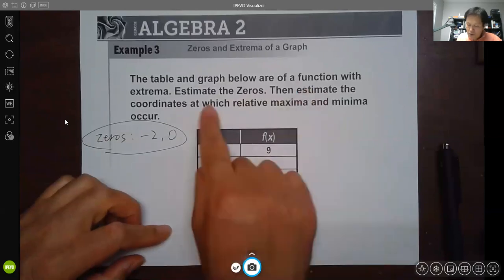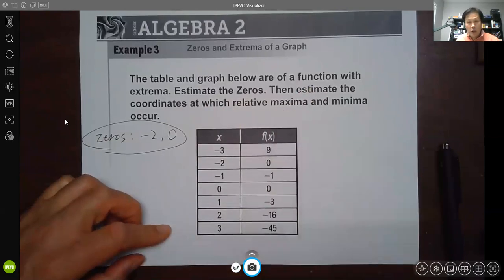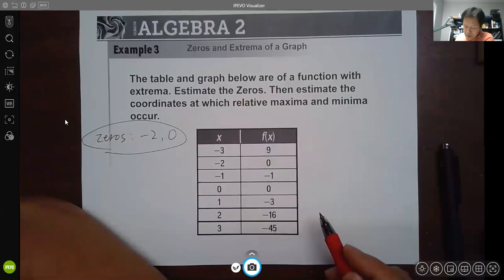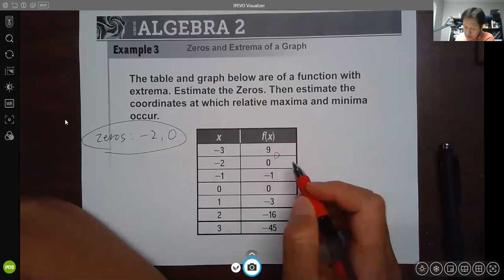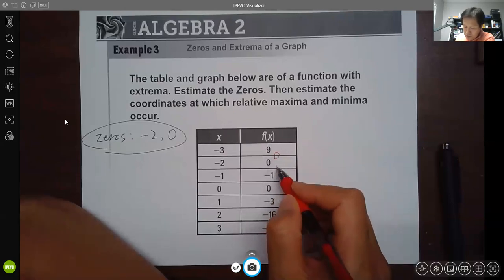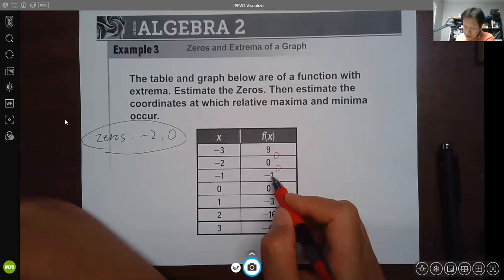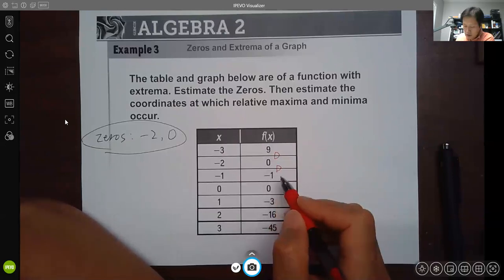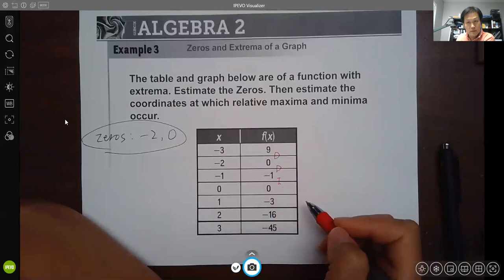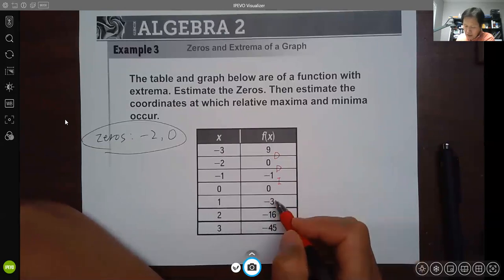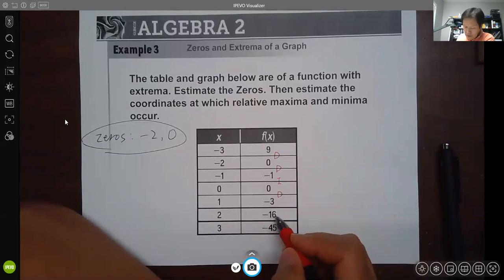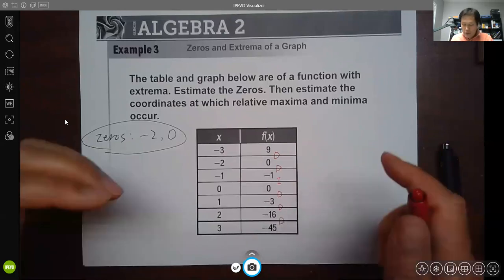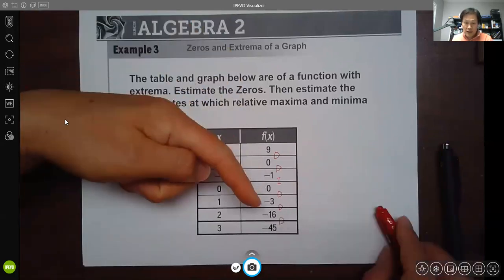Then estimate the coordinates of the relative maxima and minima. You're looking at the y value. 9 to 0, decreased. 0 through minus 1, decreased. Minus 1 to 0, increased. 0 through minus 3, decreased. Minus 3 to minus 16, decreased. Minus 16 to minus 45, decreased. A decrease means it keeps going down.